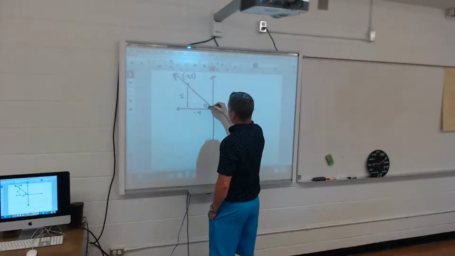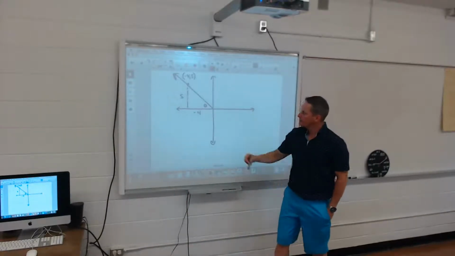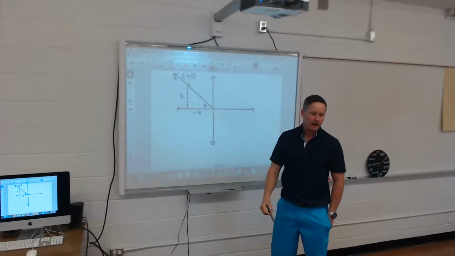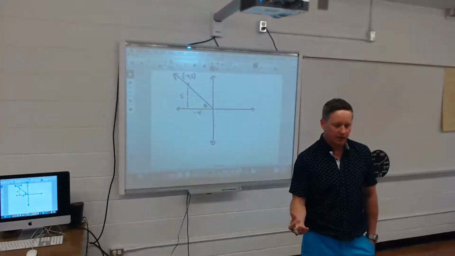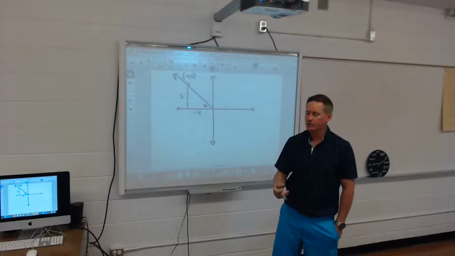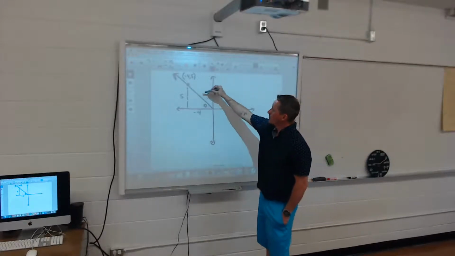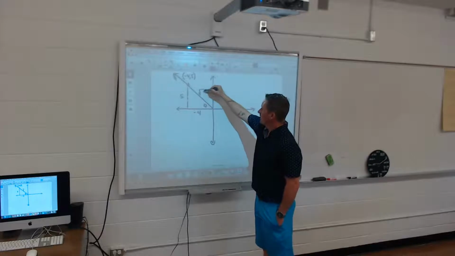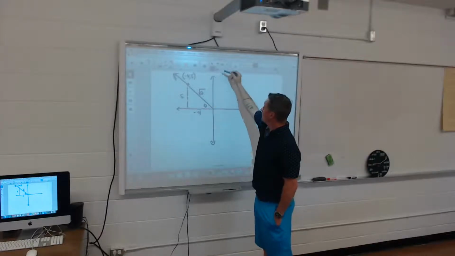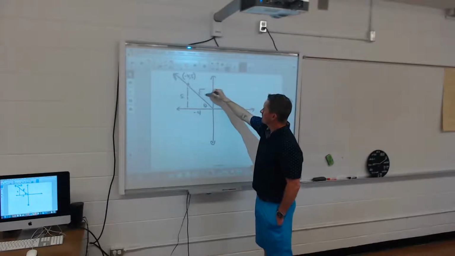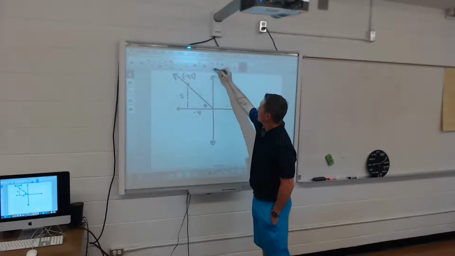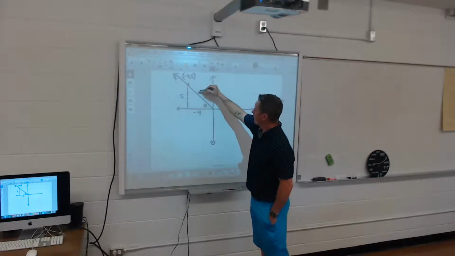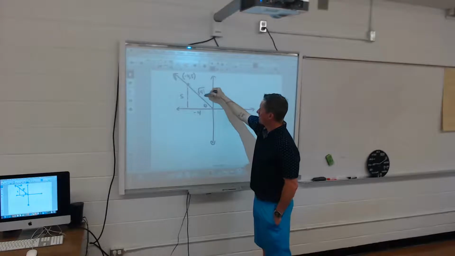My angle, depending on the quadrant, is always made with the horizontal axis. So the first thing I need to do is find out what this is. That is the square root of 16 and 25, so that's the square root of 41.